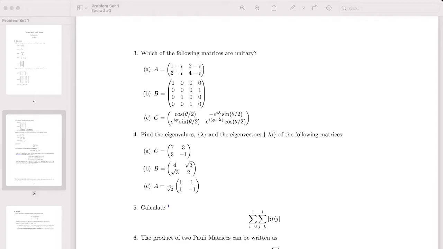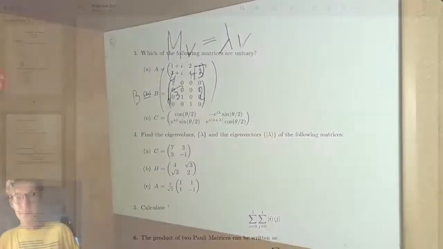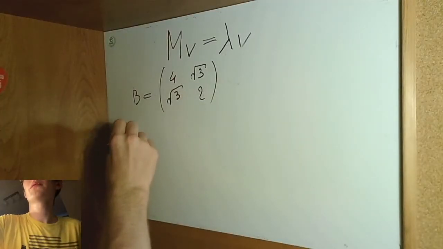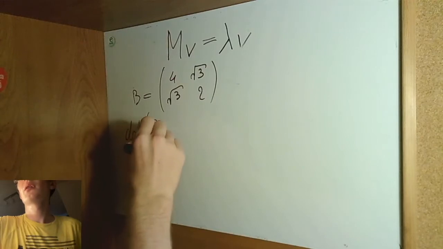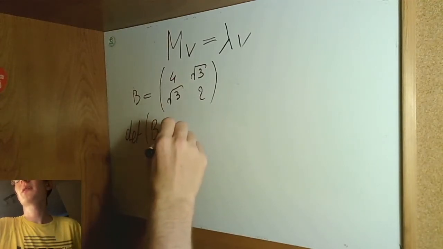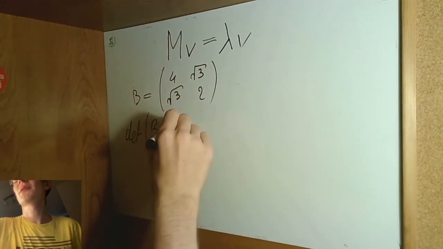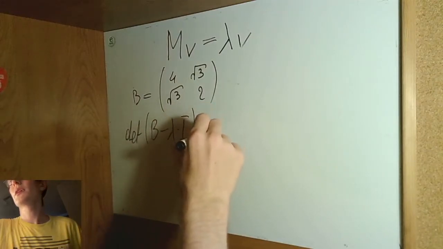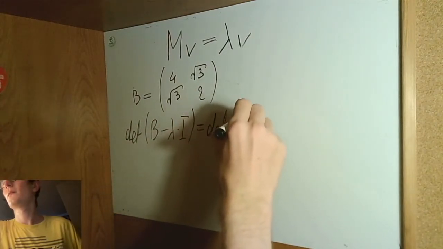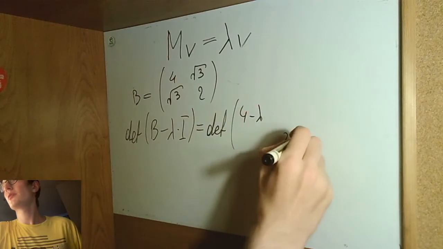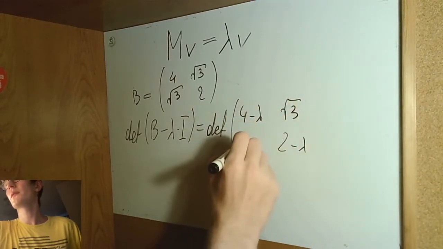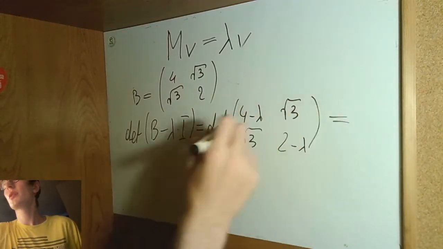Okay, and the next one is 4, square root of 3, square root of 3, 2. Right. So we do the same. Determinant of B minus lambda times I, which is 4 minus lambda, here 2 minus lambda, and square roots of 3 without any change.